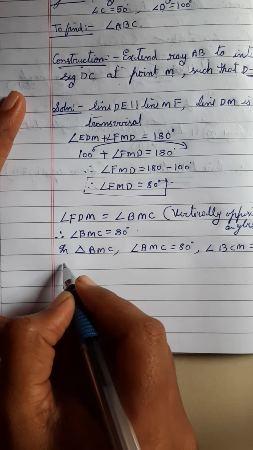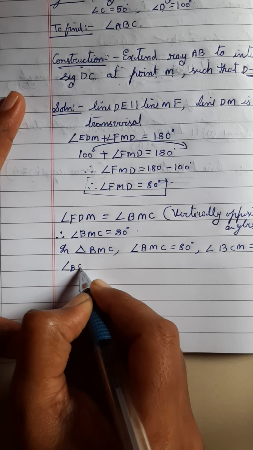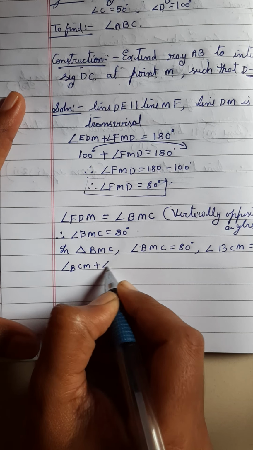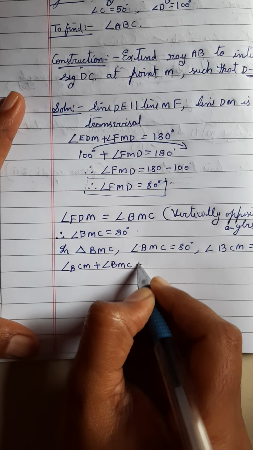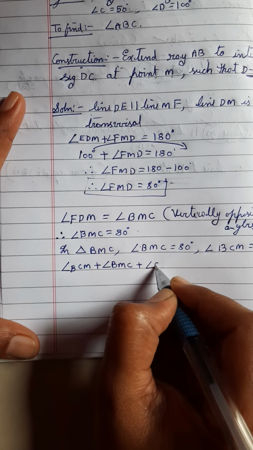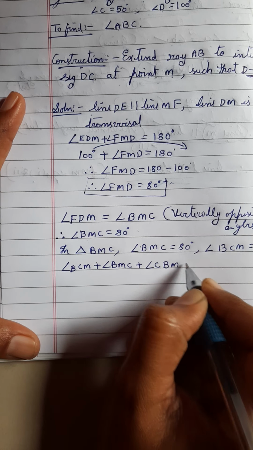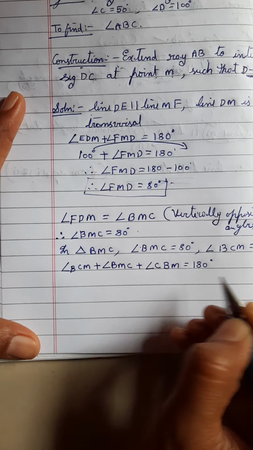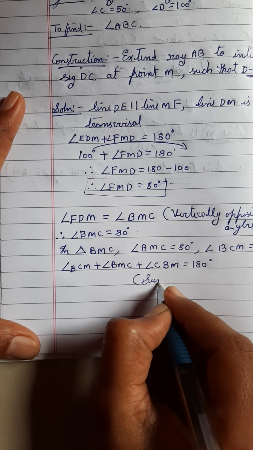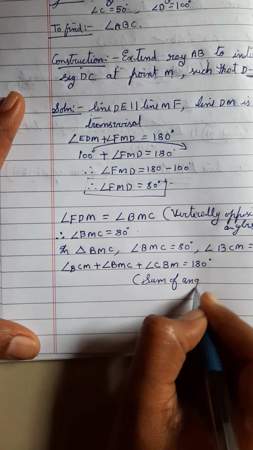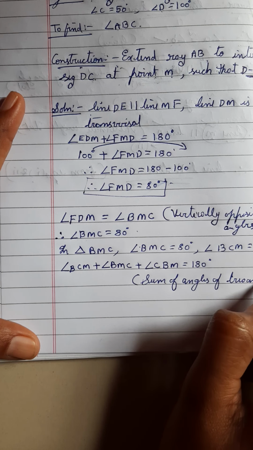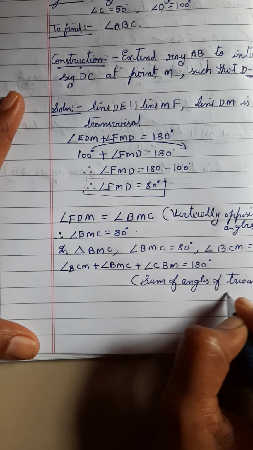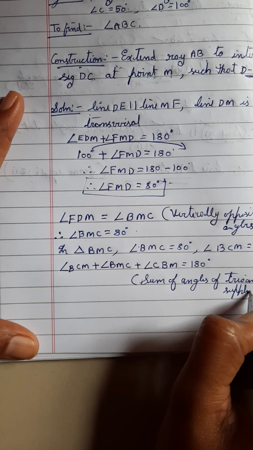So write here angle BCM plus angle BMC plus angle CBM is equal to 180 degrees. What is the property? The sum of angles of a triangle is supplementary, or 180 degrees.